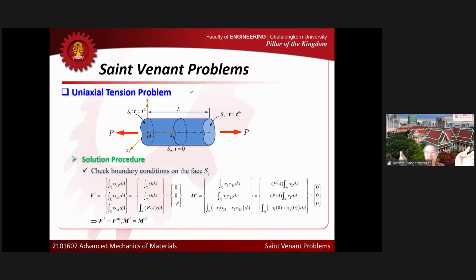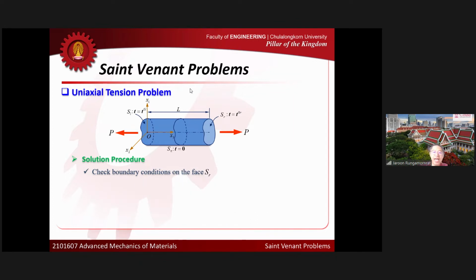If the net forces and net moments are the same, now I can say that the boundary condition at the left end is approximately satisfied. Satisfying these conditions, we cannot conclude that the traction is satisfied at every point. We just satisfy the condition in an average sense.